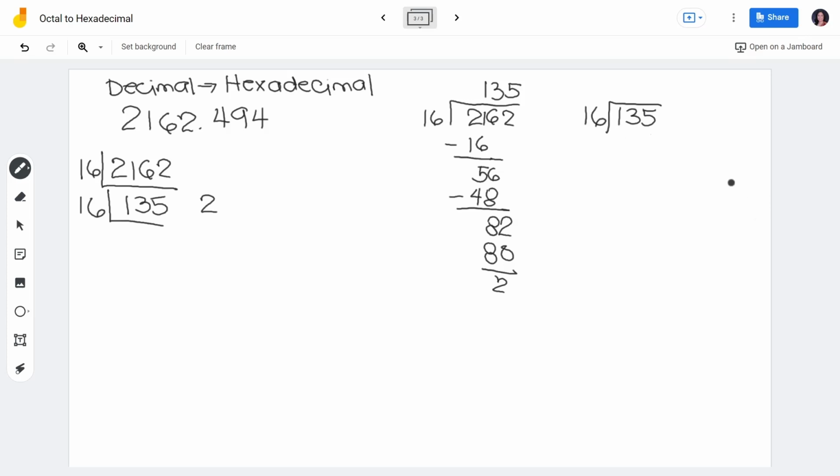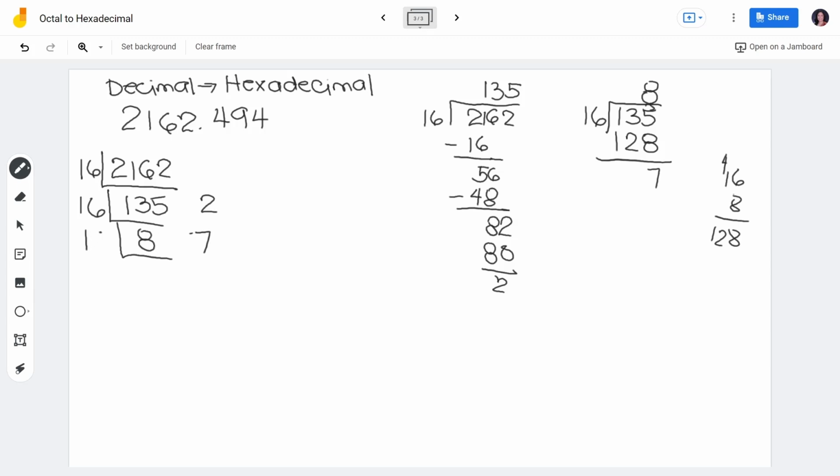Let's try 16 times 8, which is 128. So 135 minus 128 is 7. We have 8 remainder 7.